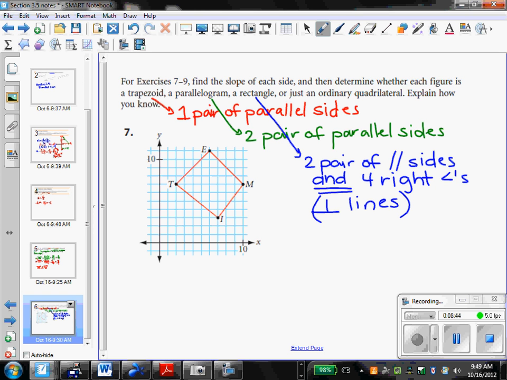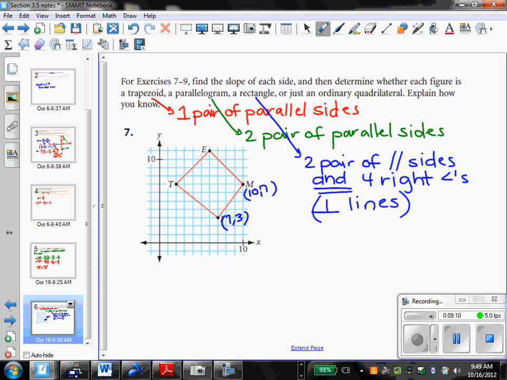Okay, so to do this, you need to figure out what the coordinate points of all these points are. So I'm going to start with I. 1, 2, 3, 4, 5, 6, 7. 1, 2, 3. So I has a coordinate point 7, 3. M has a coordinate point of 10, over 10 up 7.